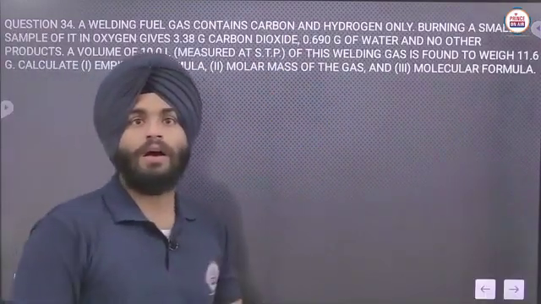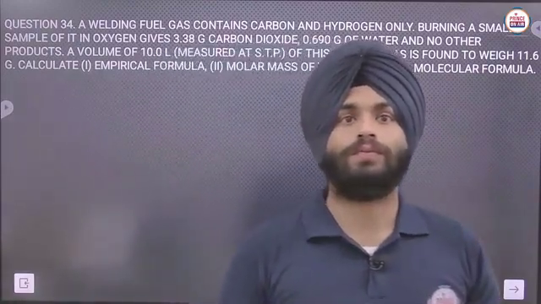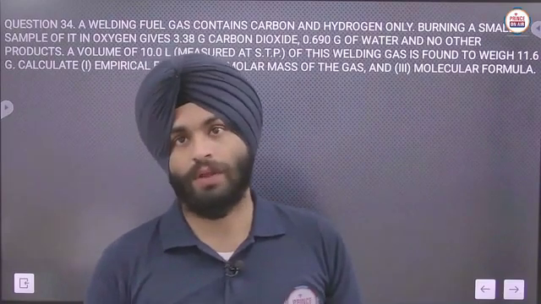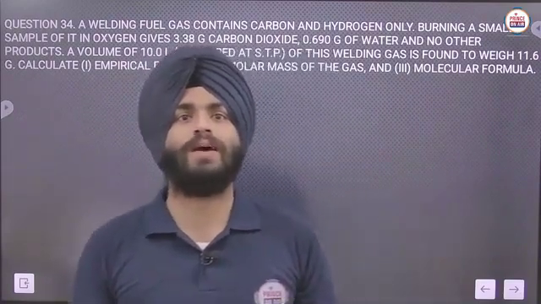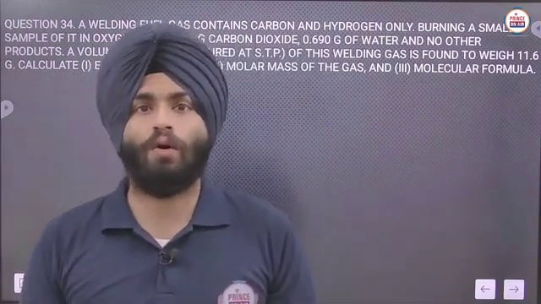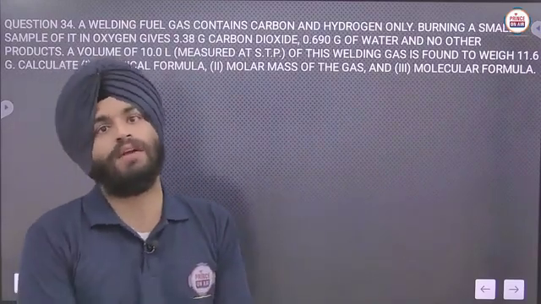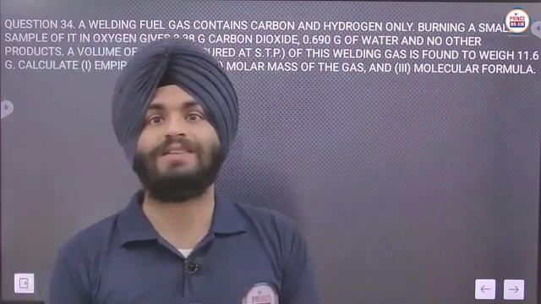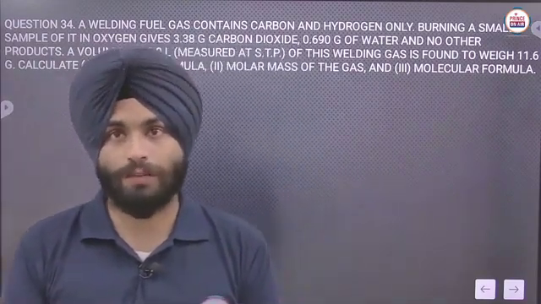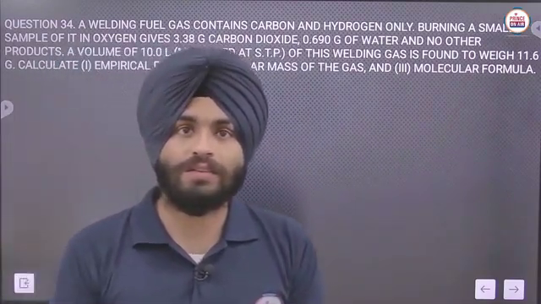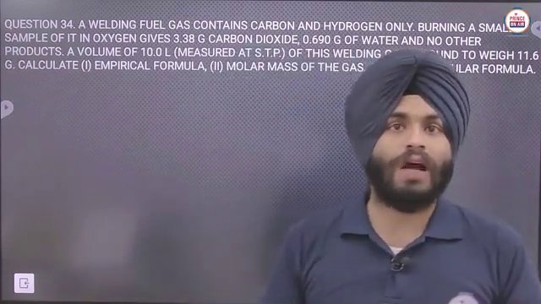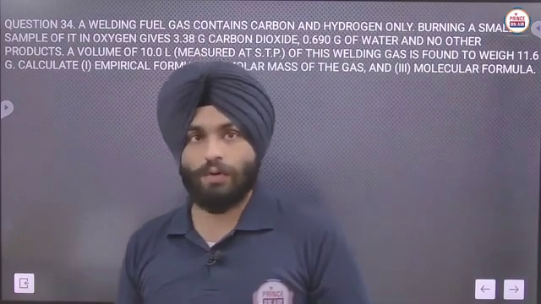Next is, a welding fuel gas contains carbon and hydrogen only. Burning a small sample of it in oxygen gives 3.38 gram carbon dioxide and 0.690 gram of water. No other products, meaning no product other than carbon dioxide and water was formed.